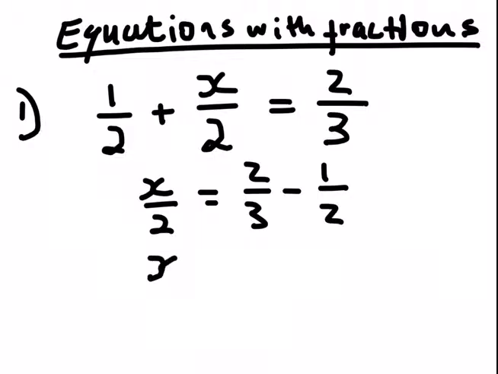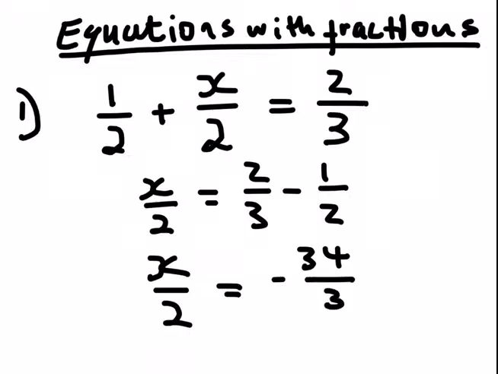So that means you have your x over 2 being equal to 2 over 3 on your calculator minus 1 over 2. What do you get? You end up getting negative 34 over 3.